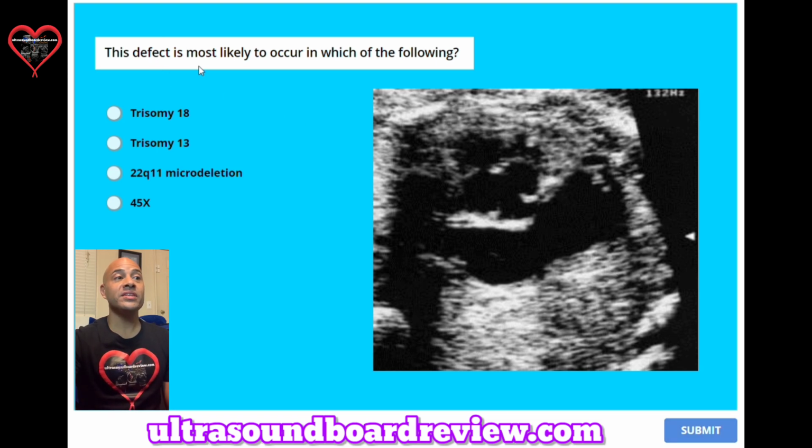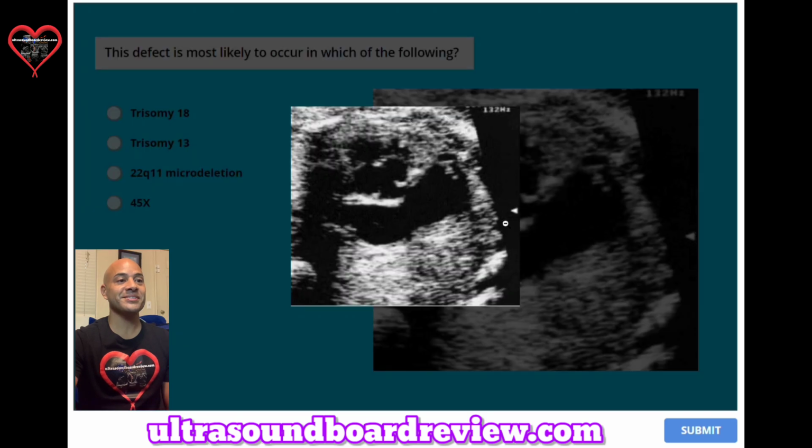Question 52. This defect is most likely to occur in which of the following? A. Trisomy 18. B. Trisomy 13. C. 22q11 microdeletion. Or D. 45X.